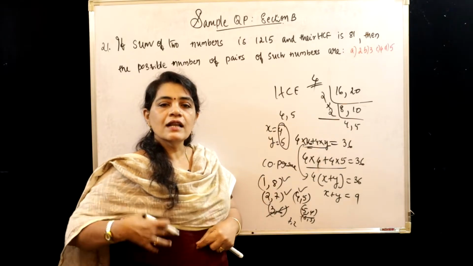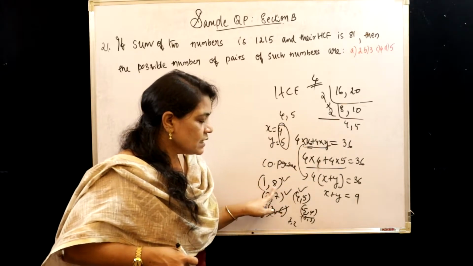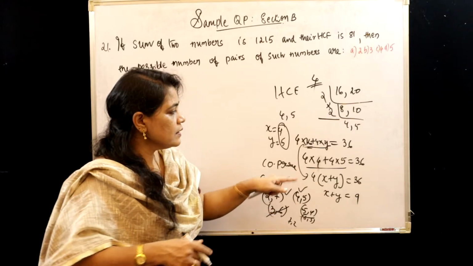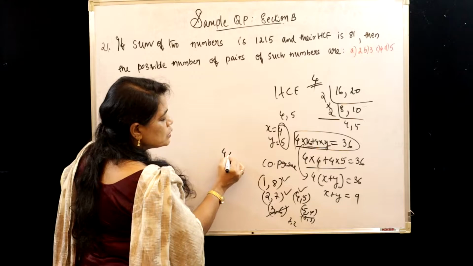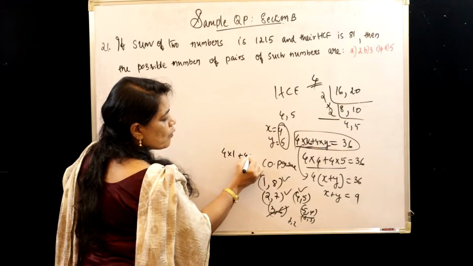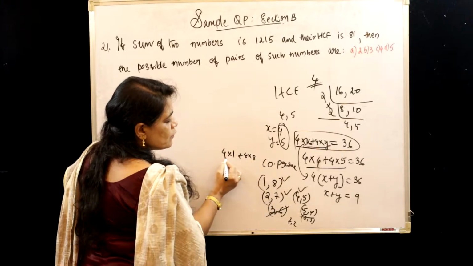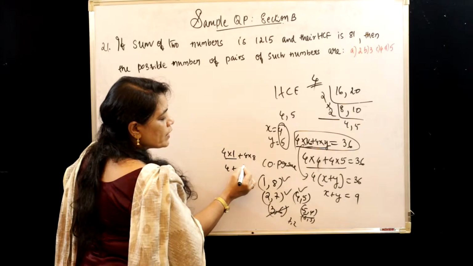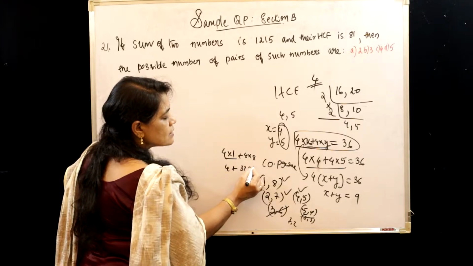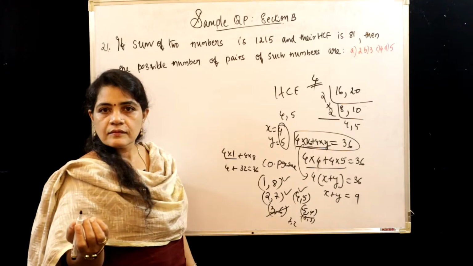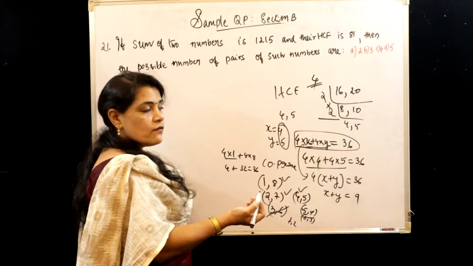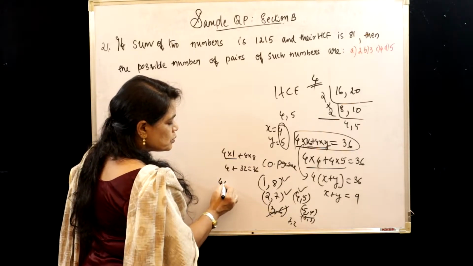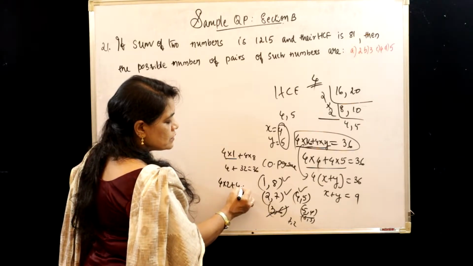Let us see, children, if you are taking the first pair 1 and 8, what equation comes? 4 into 1 plus 4 into 8. See, 4 ones are 4 and 4 eights are 32, and their sum is 36. Okay, this satisfies. And the second pair 2 and 7, that is 4 into 2 plus 4 into 7.